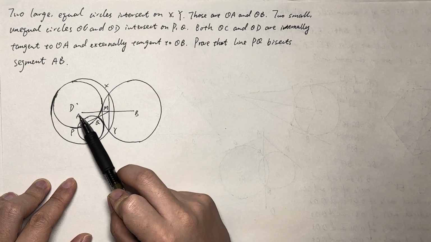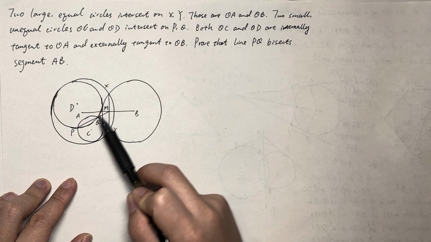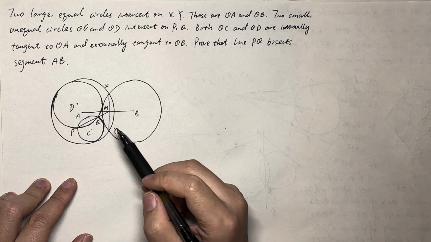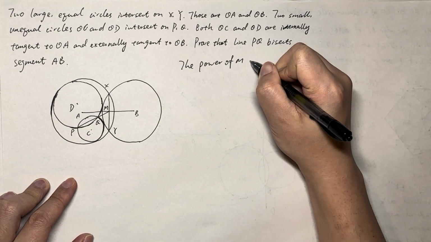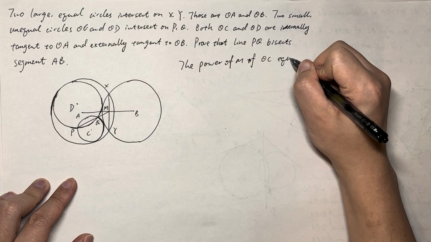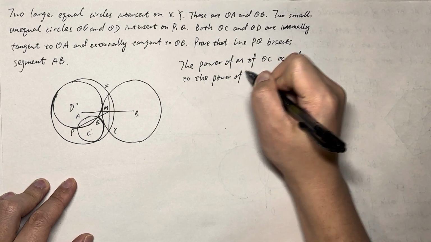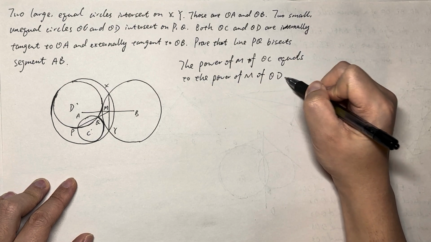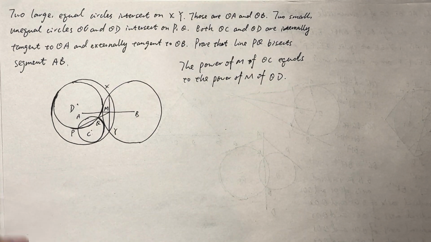Which means that we want to prove the midpoint of segment AB, which is M, is on the radical axis of circle C and circle D. That is saying that we just need to prove the power of M to circle C equals the power of M to circle D, right?